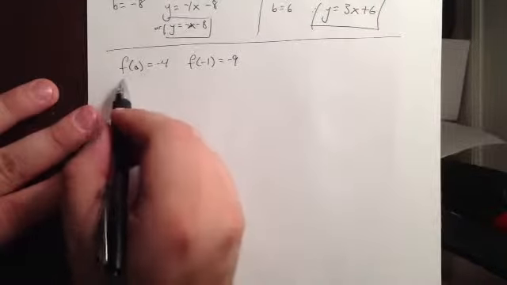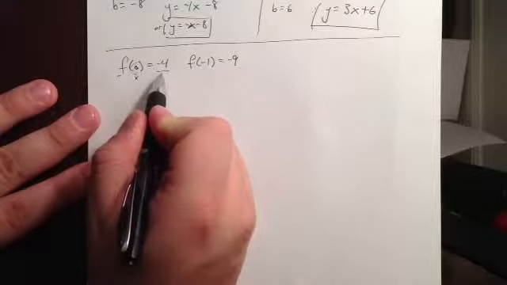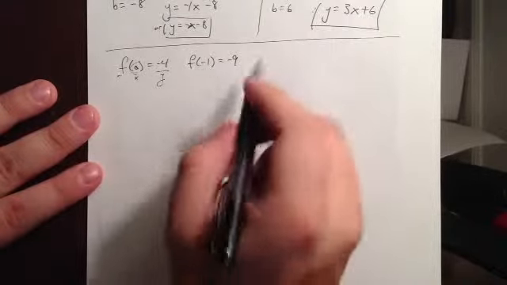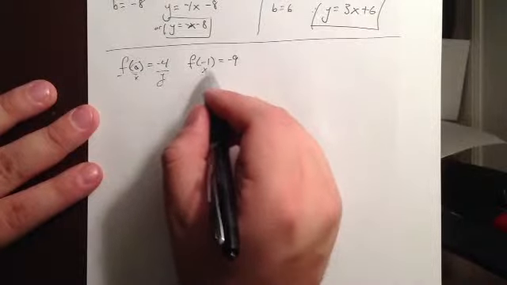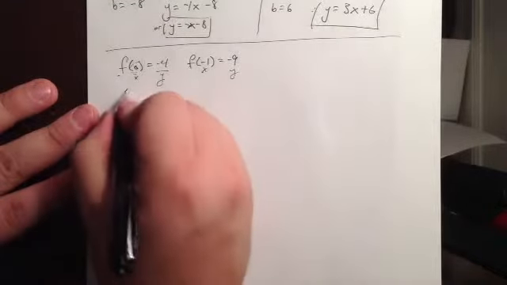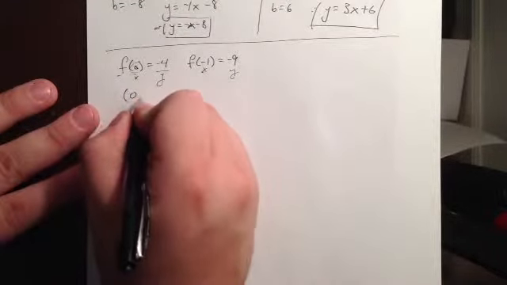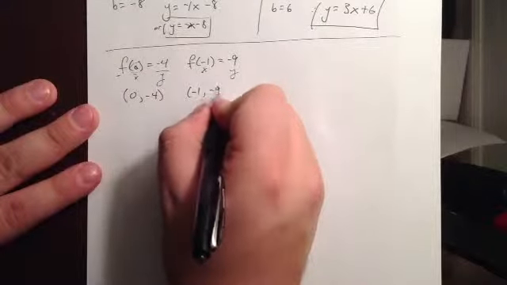Recall, function notation says the rule f when I plug in 0 for x has a value of -4, and the same rule when I plug in -1 for x gives the value of -9 for y. So this is really giving me 2 points, the point 0, -4, and -1, -9.